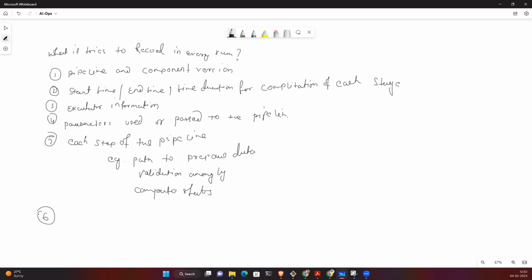Number seven, pointer to the previous stable model, helpful in case of rollback.